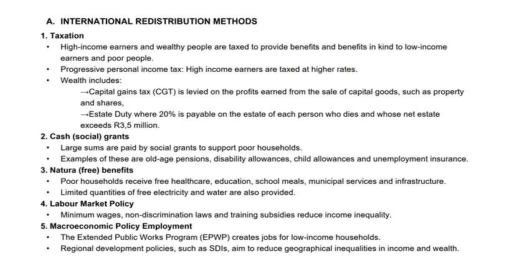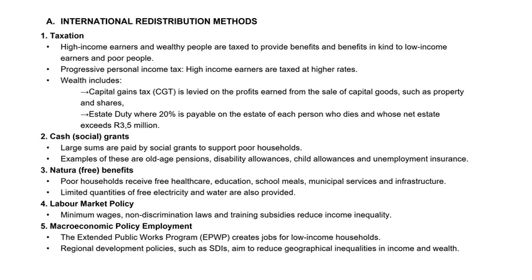Right, international redistribution methods. The first one, taxation. High income earners and wealthy people are taxed to provide benefits and benefits in kind to low income earners and poor people.